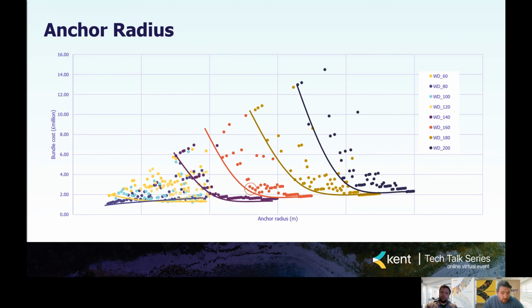But if we wanted to increase the radius much further, we very rapidly see an increase in the cost of a mooring system. And we'd probably have to look at a slightly different configuration, such as a semi-taut mooring system or something along those lines.